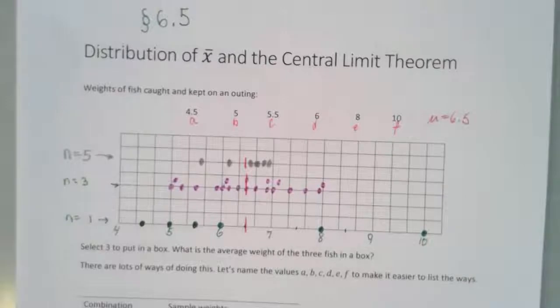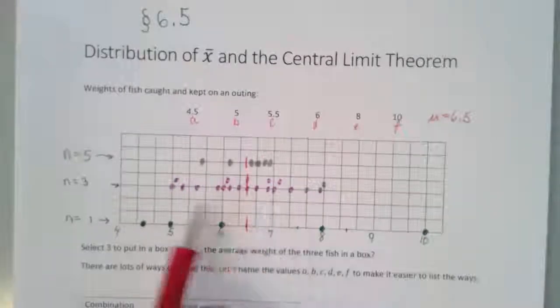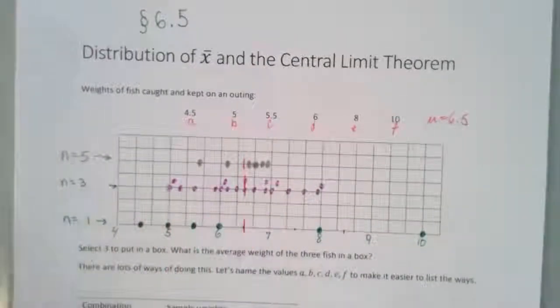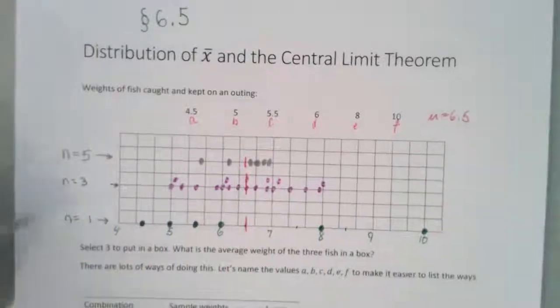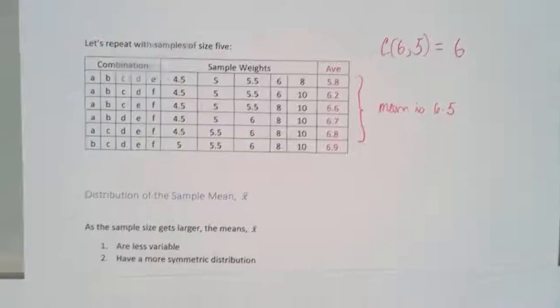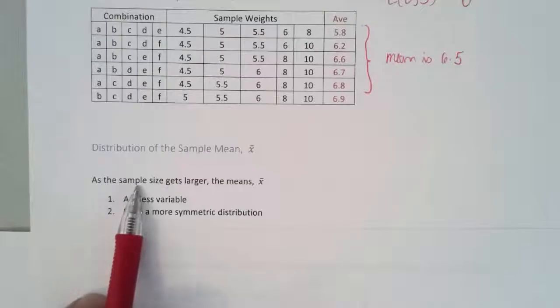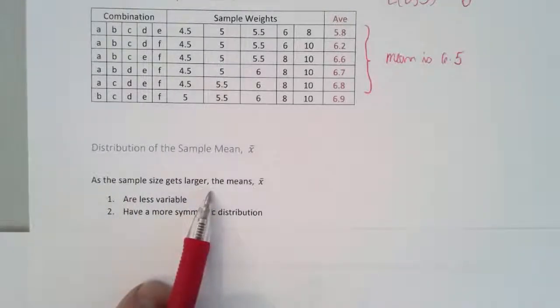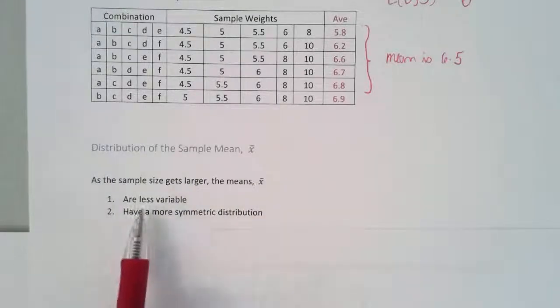The general effects then are these. First of all, the mean stays the same. Secondly, the variability is dramatically reduced. And thirdly, outliers and skew tend to disappear as the sample sizes get larger and larger. As a matter of fact, this is always going to be true. If we start with a population and start taking larger and larger samples and compute the means of those samples, two effects are always going to occur.